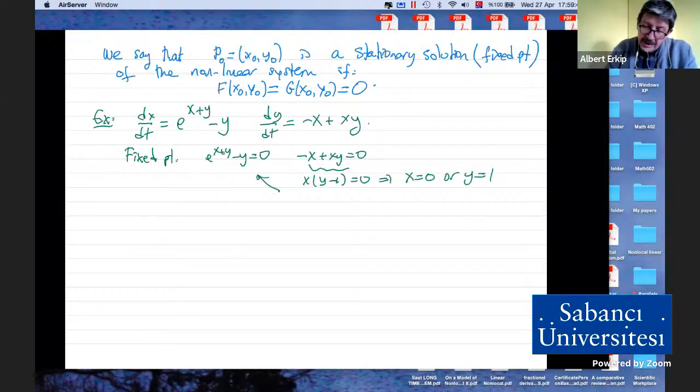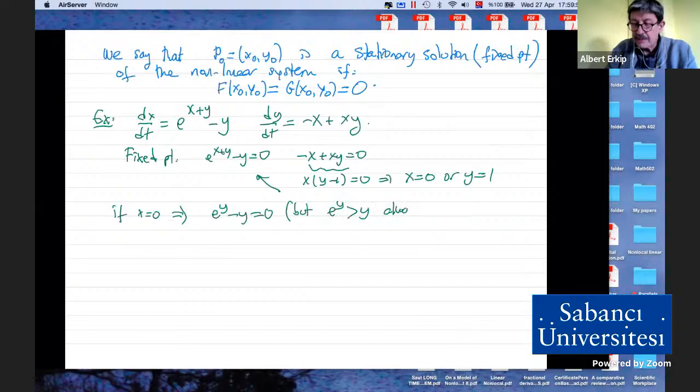Now if I come back here, if x equals 0, then I want to say e^y minus y is 0, but e^y is always bigger than y, always. So it doesn't work. If y equals 1, then I get e^(x+1) equals 1.